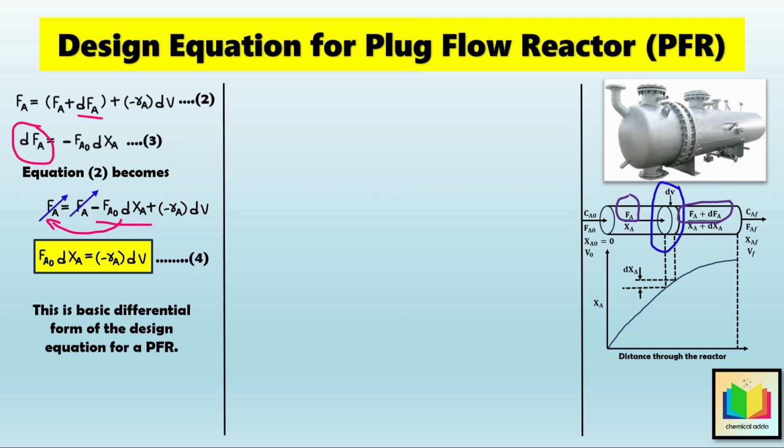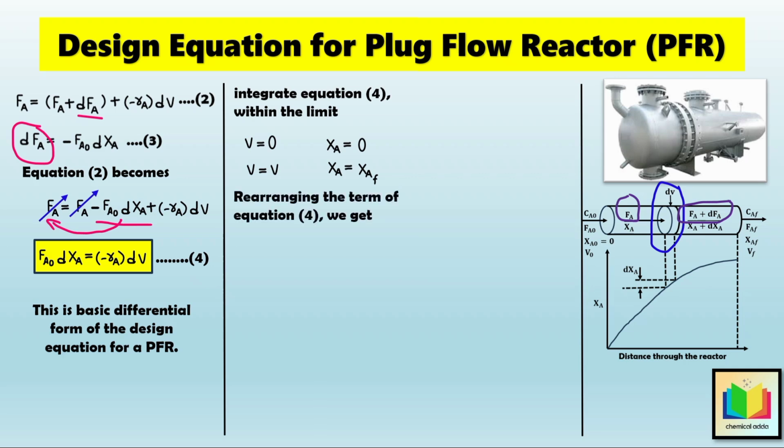But to find the overall reactor performance, we need to integrate the equation for the entire reactor. Hence let's integrate this equation within the limits: at V is equal to 0, Xa is equal to 0, and at V is equal to V, Xa is equal to Xaf. So to integrate equation number 4, first let's rearrange the terms accordingly.